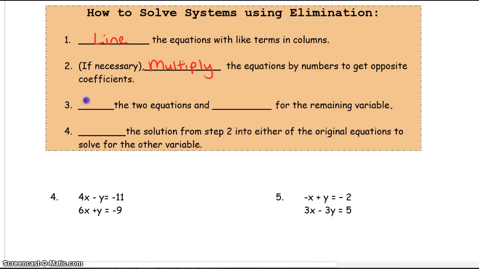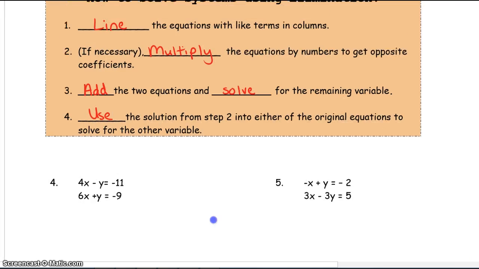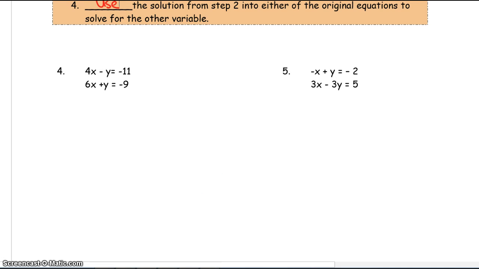Then we're going to add the two equations and solve for the remaining variable. Once we have that, we use the solution from step 2 and put it into the original equation to solve for the other variable.